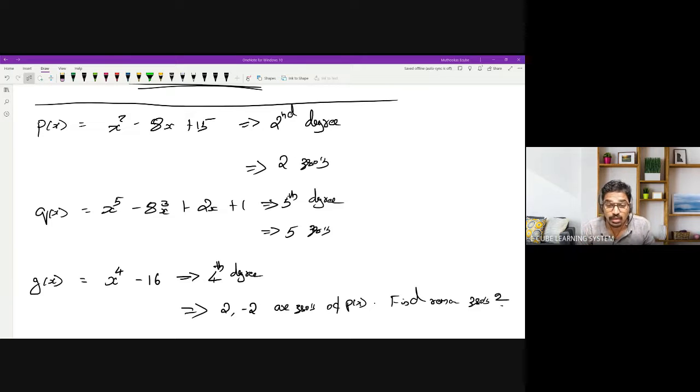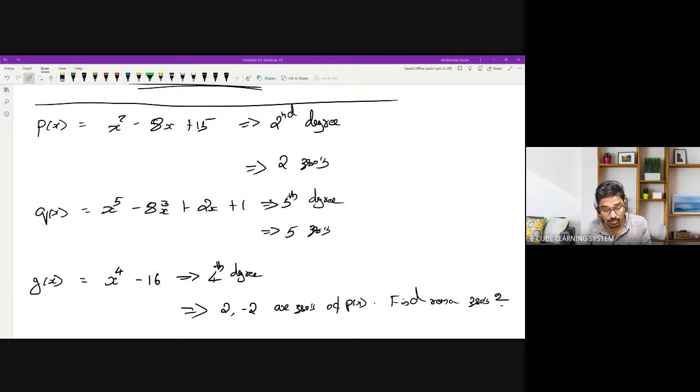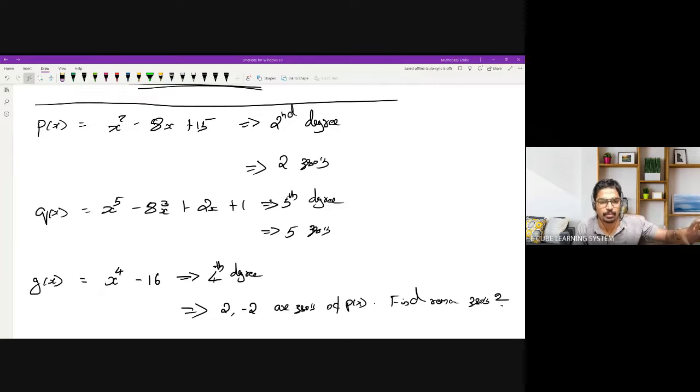My question is, how many zeros will be the remaining? 4 zeros are there for the given polynomial because its degree is 4.